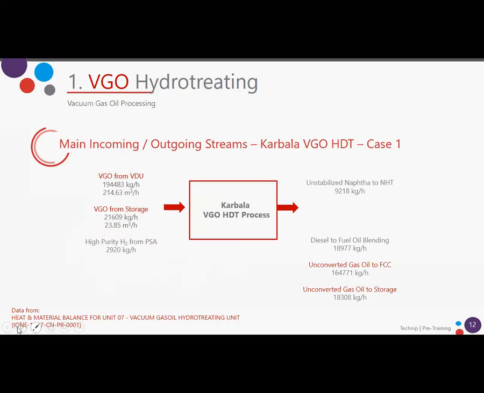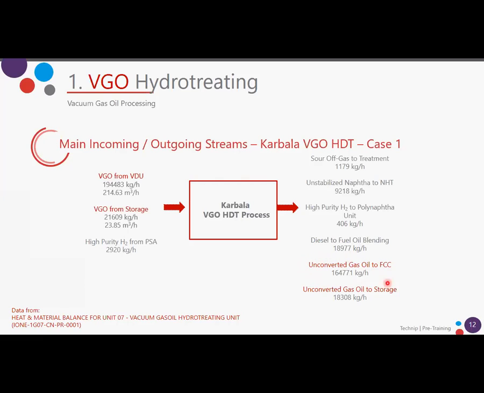And then we will have these products from the unit. The main one, of course, is the converted gas oil that we will send to the next unit, the fluid catalytic cracking. We'll send also some to the storage. We'll produce some diesel to fuel oil blending. We'll have some unstabilized naphtha that we will send to the naphtha hydrotreating unit. And we will have some sour gas that we will send to treatment for the sulfur removal to be consumed as fuel gas.